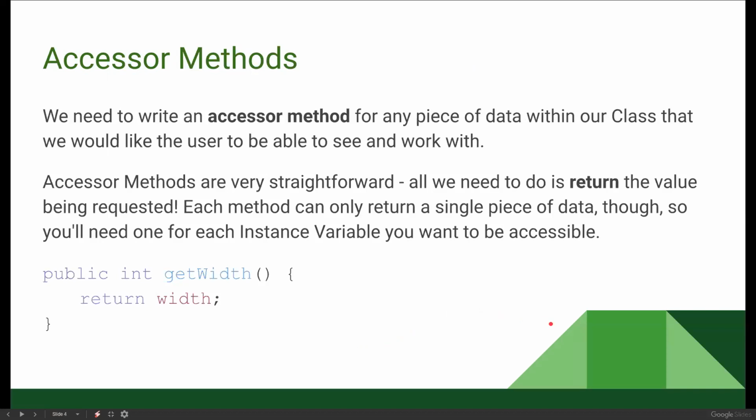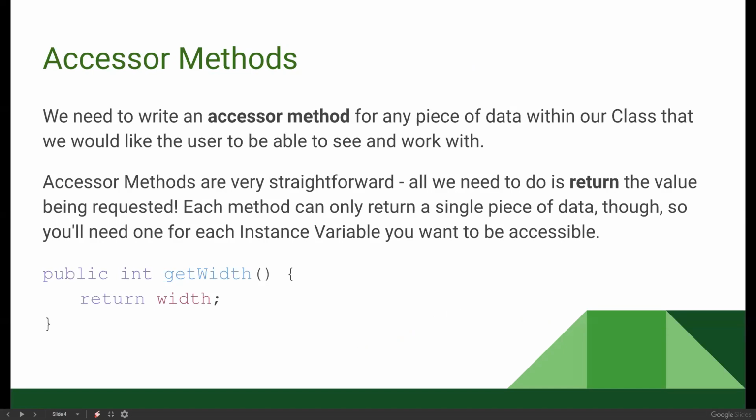For accessor methods, we need to write an accessor method for any piece of data within our class that we want the user to be able to see and/or work with. If there's something within our class that the user should have access to, we want to make an accessor method for that instance variable.